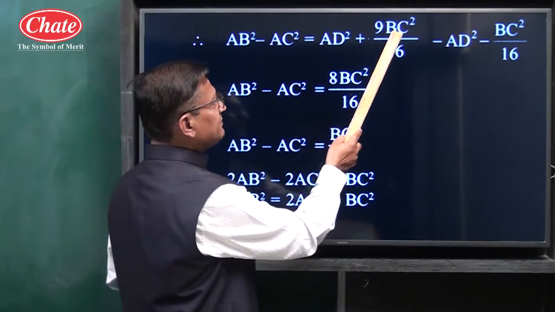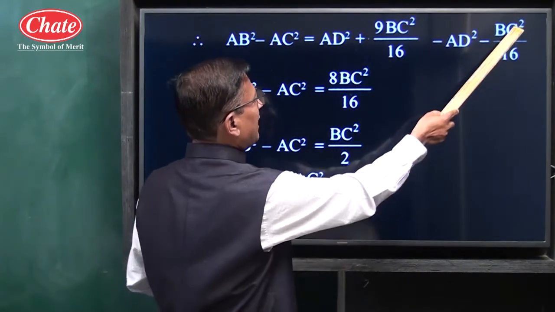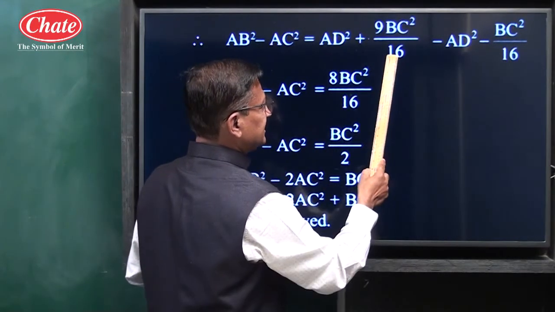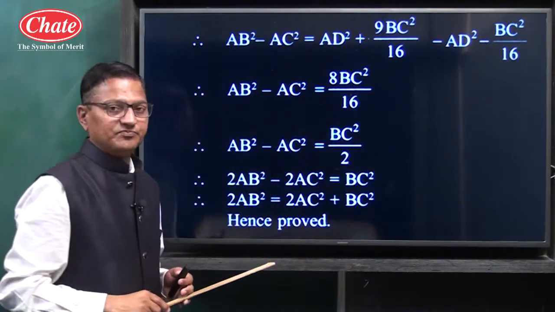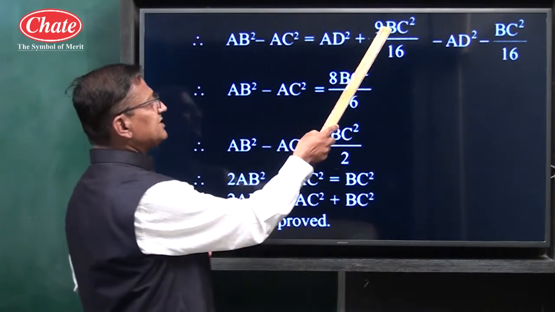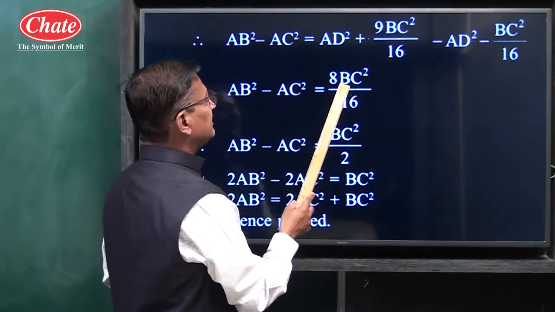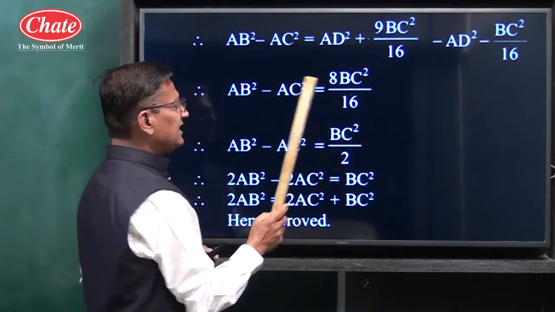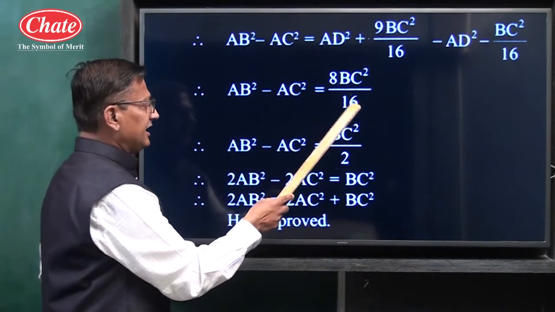Here 9BC square by 16 minus BC square by 16, denominators are same. So subtraction of numerator only. We get 9BC square minus BC square is 8BC square by 16. 8 1 za, 8 2 za.